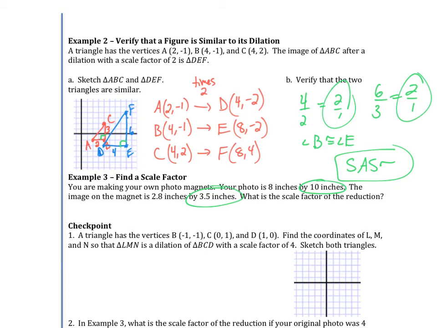The scale factor of reduction would be your image over the pre-image. So what we have is 3.5 over what it was, 10.